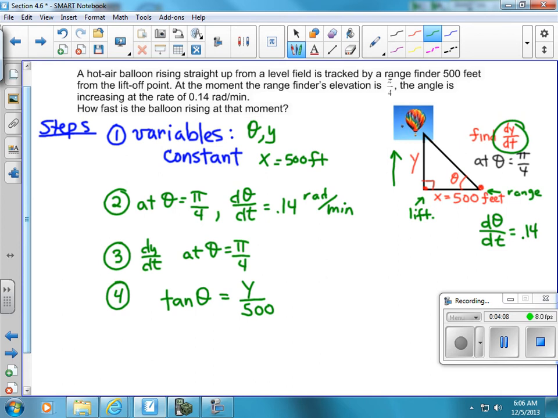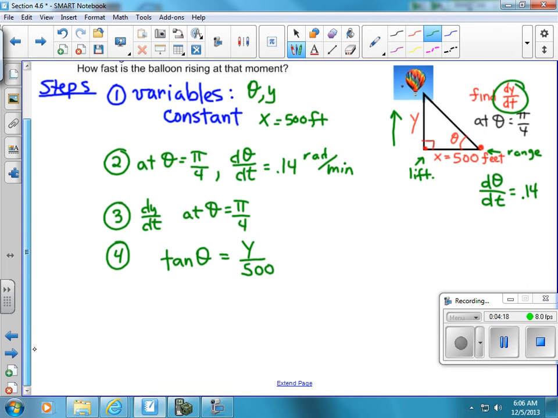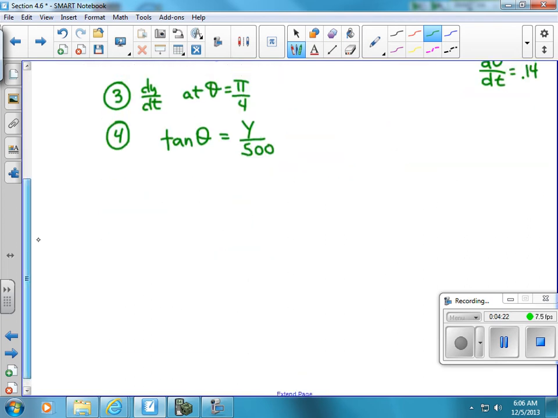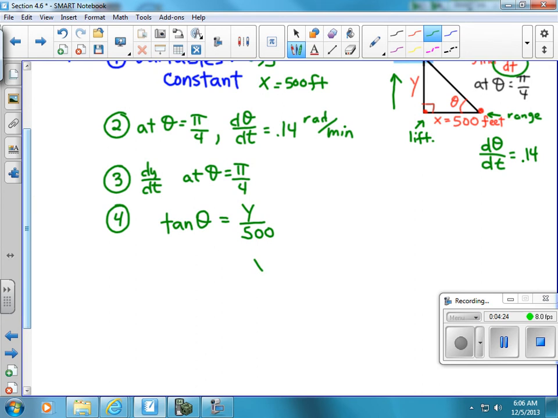And you'll notice that in these problems, on the horizontal axis, I usually use an x. On the vertical axis, I usually use a y, just to be consistent with our coordinate plane. So another way to write this is y equals 500 tangent theta, multiplying both sides by 500.